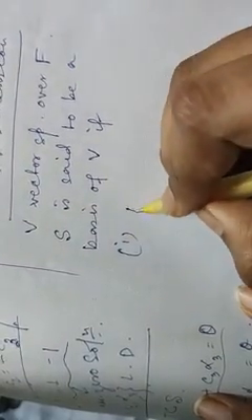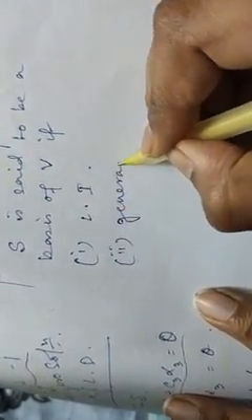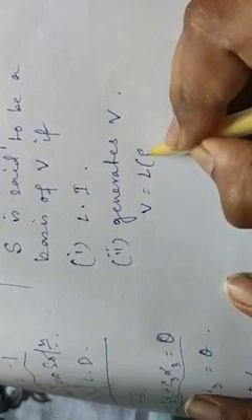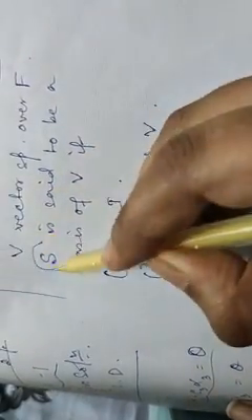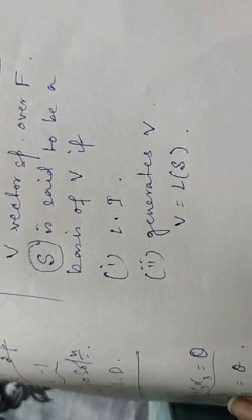Number 1, it is linearly independent, and number 2, it generates V. That means V equals LS. If these two conditions are satisfied by a set of vectors S of V, then we will say that S is a basis of V.